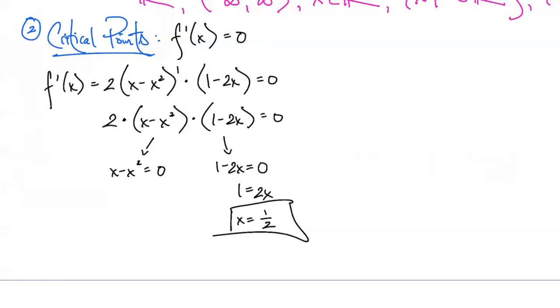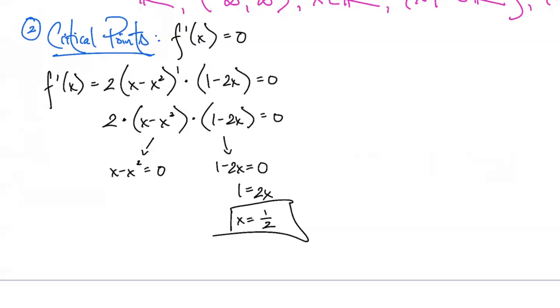Okay, we know that 0 works. We can see just by plugging in 0 that 0 works. I would argue there's another number that also works. Yeah, 1 also works.